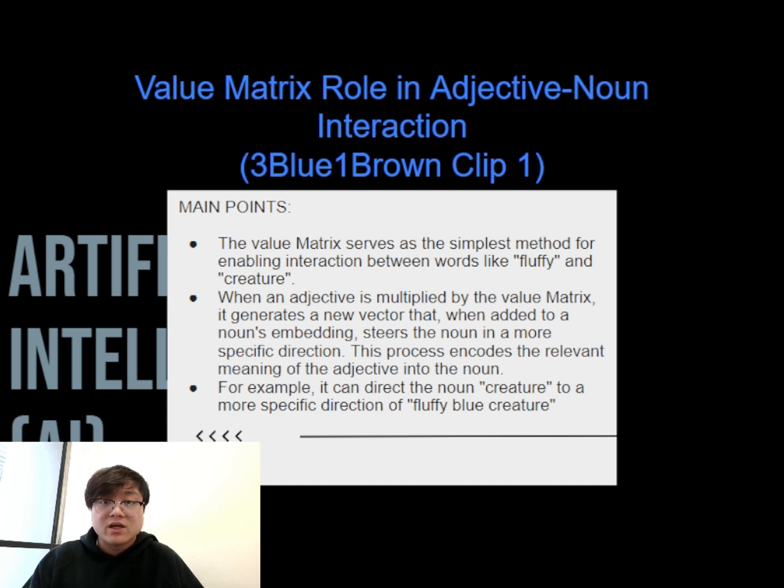Essentially, this process injects the adjective's meaning into the noun, refining the model's understanding of the phrase. For example, instead of just recognizing creature, the model can process fluffy creature or even fluffy blue creature, making its language understanding more precise and context aware. This mechanism is what allows AI models to capture nuanced word relationships and generate more natural language responses.